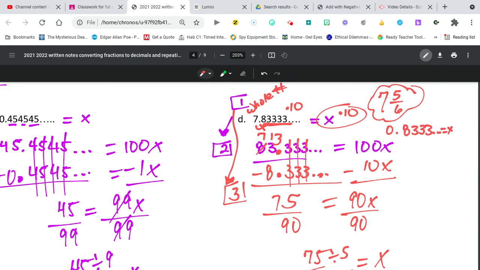You'd have to set this one equal to x and solve all the steps and get down to 5 6ths. And then that 5 6ths sits next to the whole number 7. So basically, you still ignore the 7. The 7 changes to a 0. You set it equal to x. You get your 5 6ths. But if you know in actuality you have a 7 as a whole number, you make sure you put it back in front of the 5 6ths, okay?